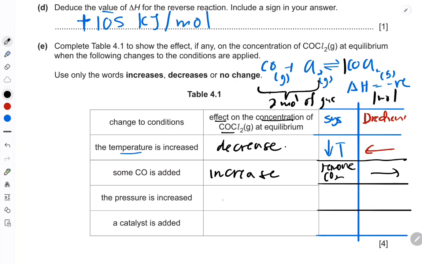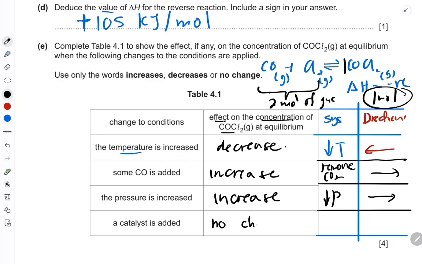So when we increase the pressure, the system will try to decrease the pressure. So what will happen? It'll go forward, because now in the forward direction there's only 1 mole. So if it goes forward, it'll cause it to increase.